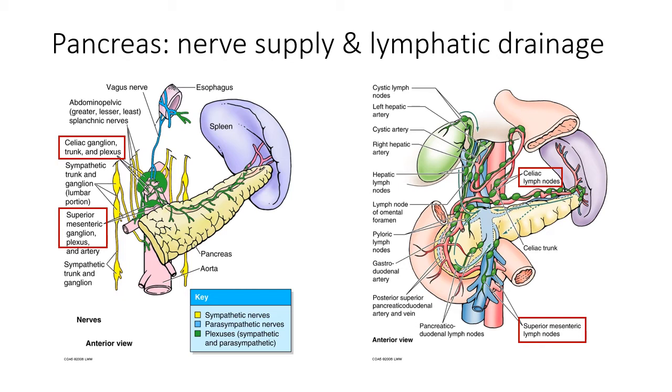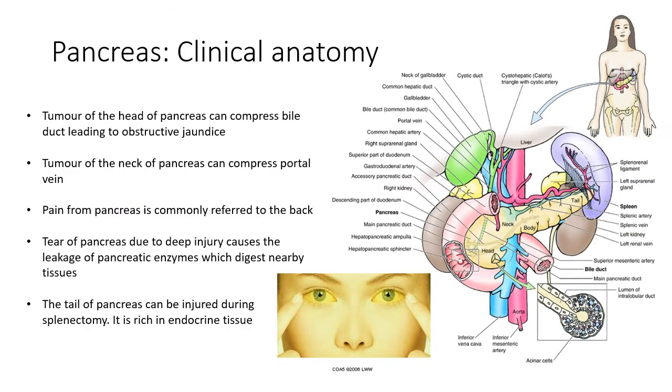You can notice that it is similar to the duodenum, because the duodenum also has this dual blood supply and a similar distribution of nerve supply and lymphatic drainage.